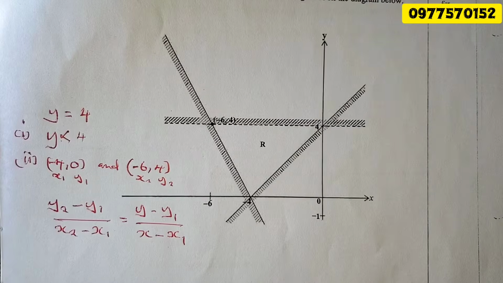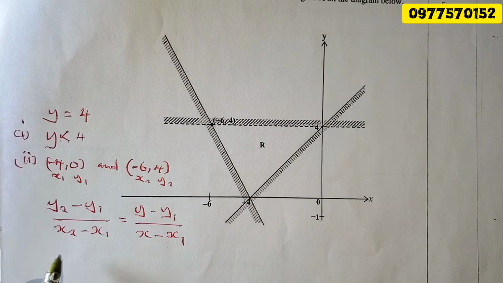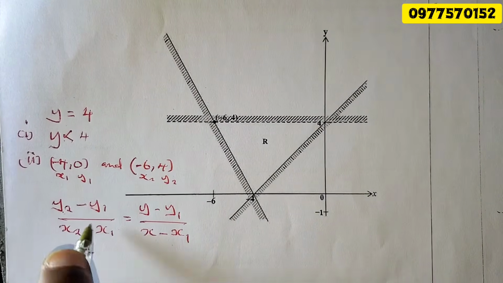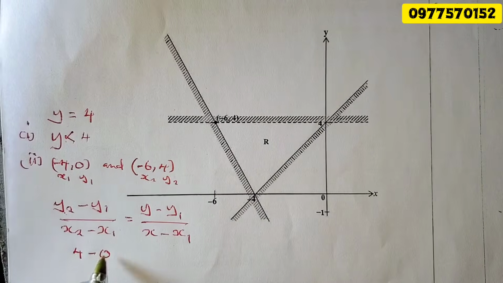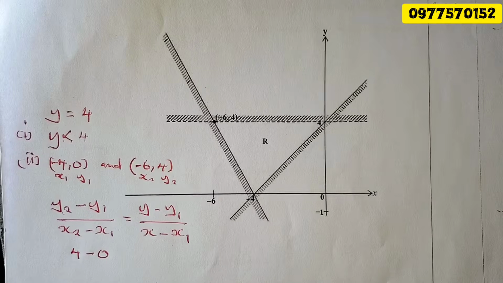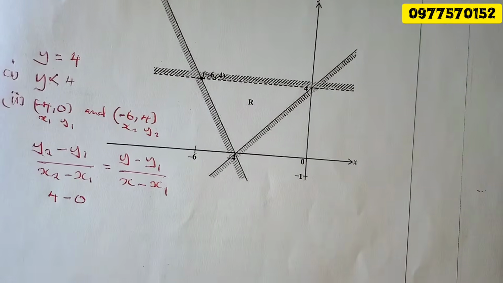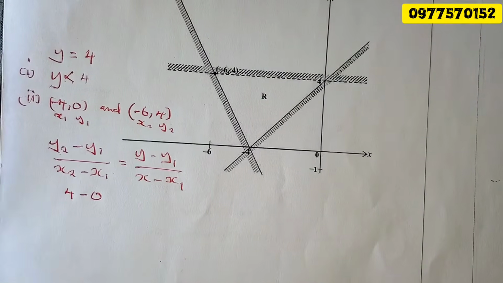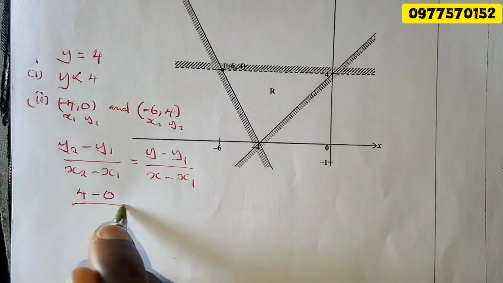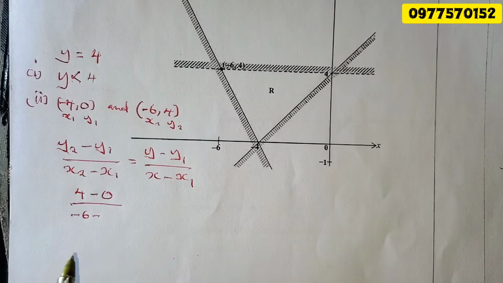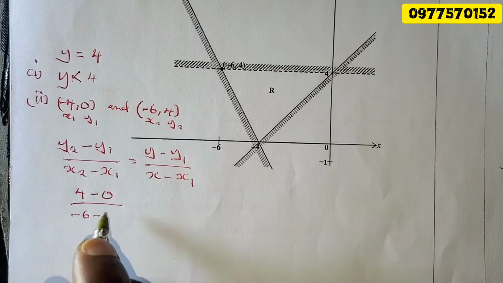Okay? So let's substitute. Where there is y2, we're going to substitute with 4 minus. Where there is y1, we're going to substitute with what? 0. As you can see there, we are going to substitute with 0. Then over x2, which is -6, minus x1, which is negative what? -4.